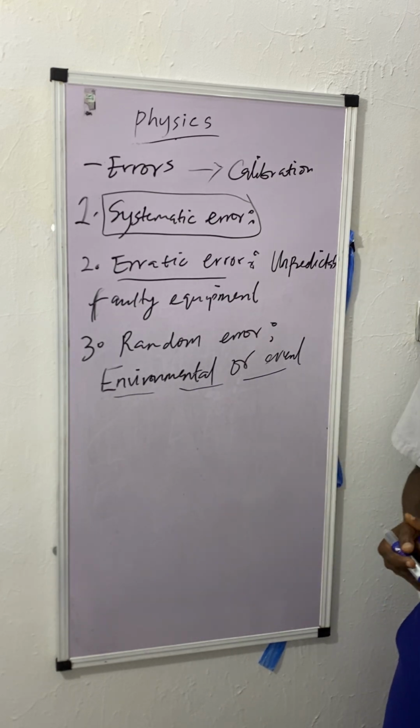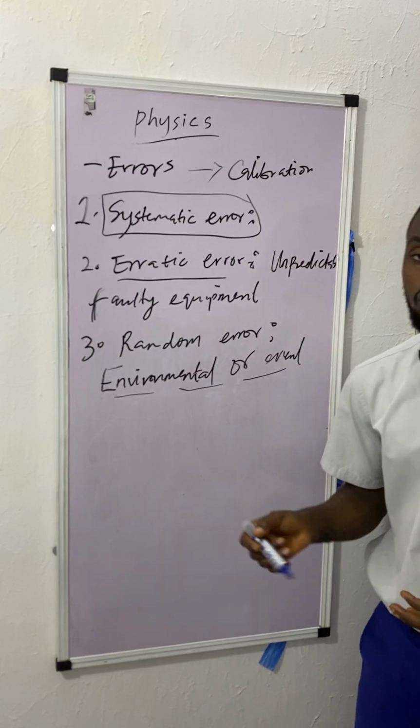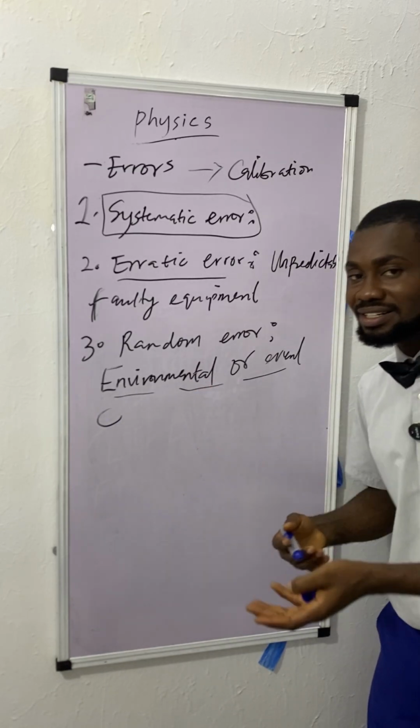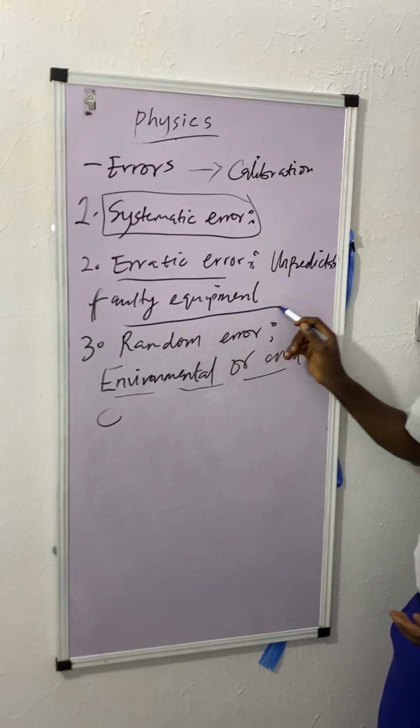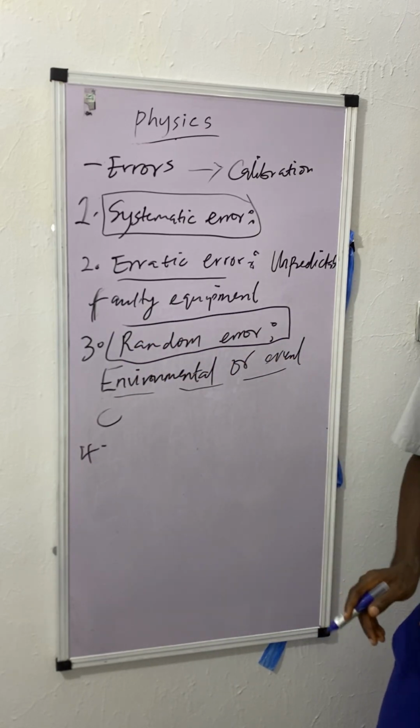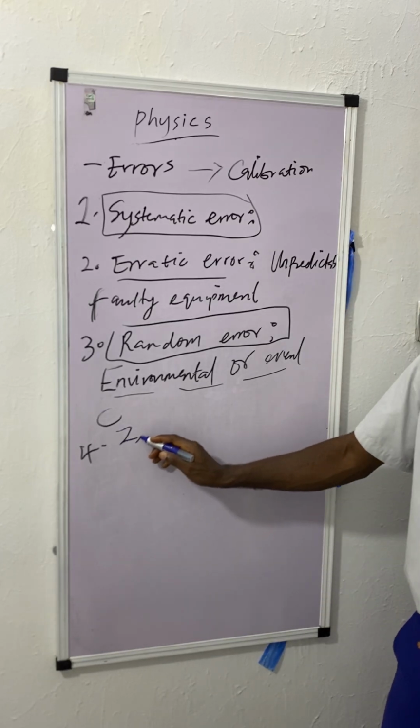Usually you will have to measure 2 times. When you measure 2 times, the first result will be different from the second result. The second result will be different from the third result. So that tells you that it's a what? It's a random error. All right, then let's look at the 4th error, which is known as the zero error.